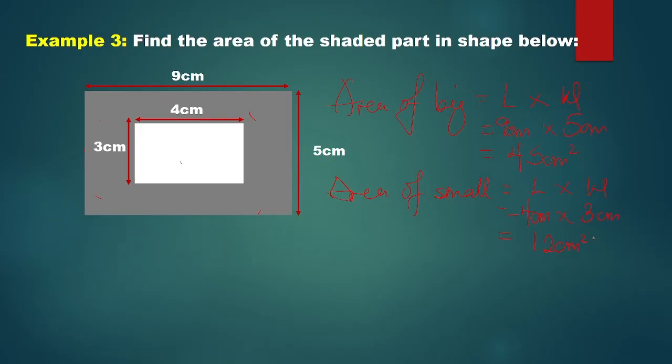So the area of the shaded part will be the area of the big one, which is 45 centimeter squared, minus the area of the small one, which is 12 centimeter squared. My answer is 33 centimeter squared. So this is the area of the shaded part.